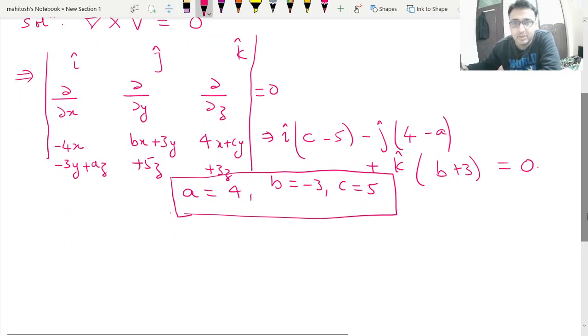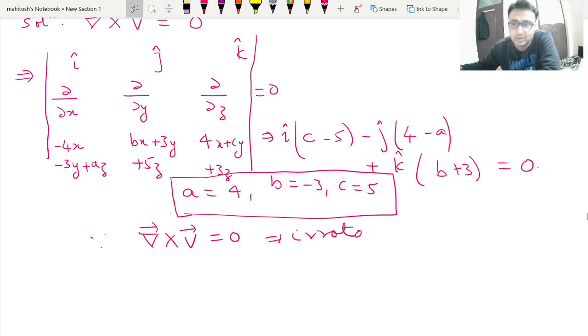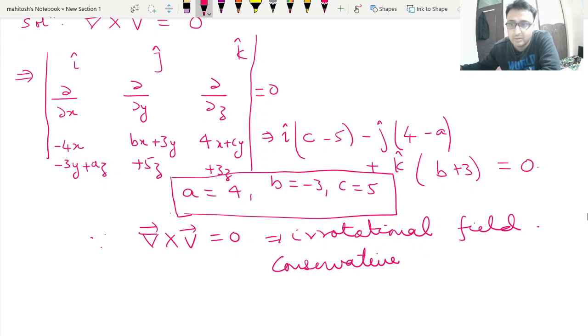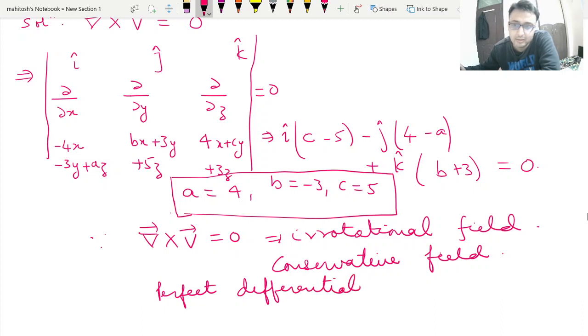We will simply write that since curl of V is 0, it is an irrotational field and hence it is also a conservative field, which we will see in the next question also, that how it is related to this, and there is a perfect differential or exact differential. So we know this property, we are going to exploit this property.